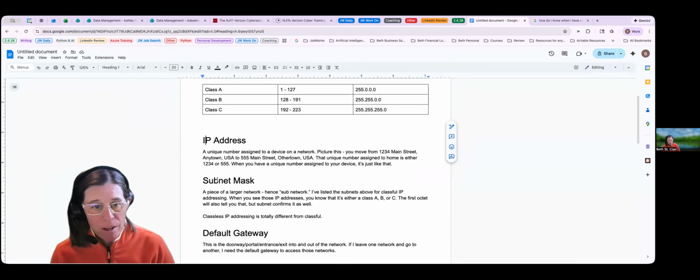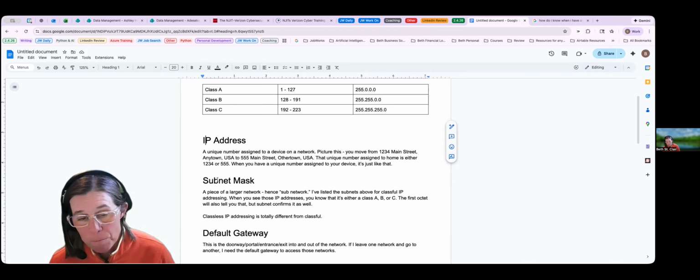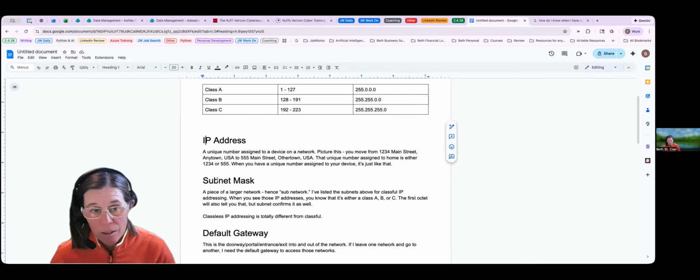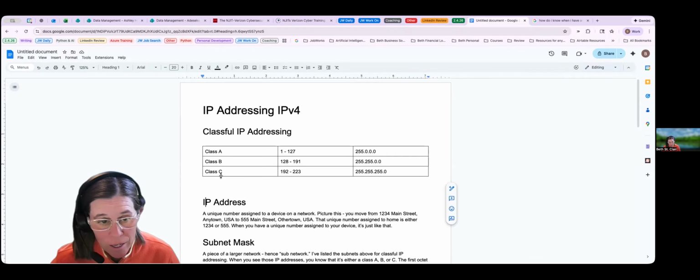Maybe you move to 555 Main Street, Othertown, USA. That 1234 or that 555 is just like an IP address, just like a home address. So that's what's assigned to the device. And you could have multiple devices. Anytime I join a network, my DHCP, which we'll talk about here in a second, is passing out that information to my device.